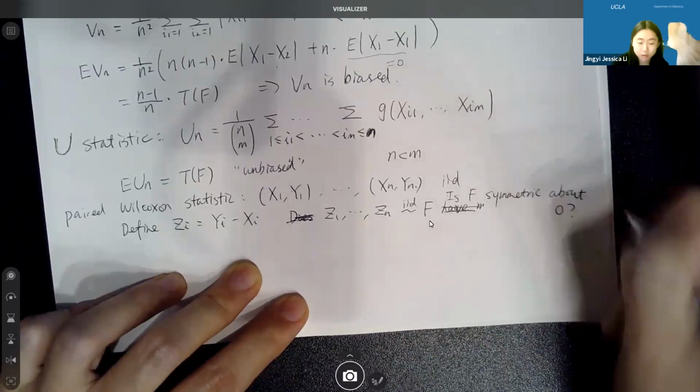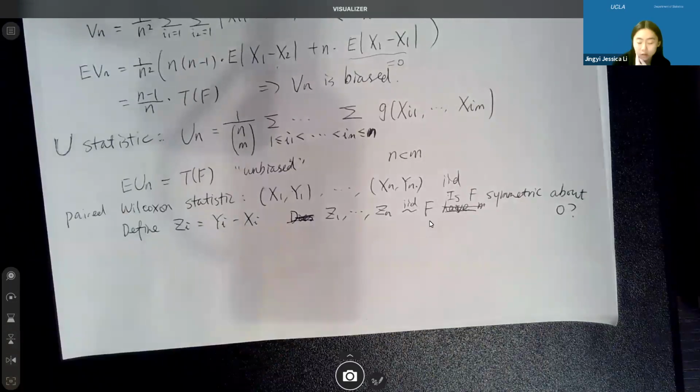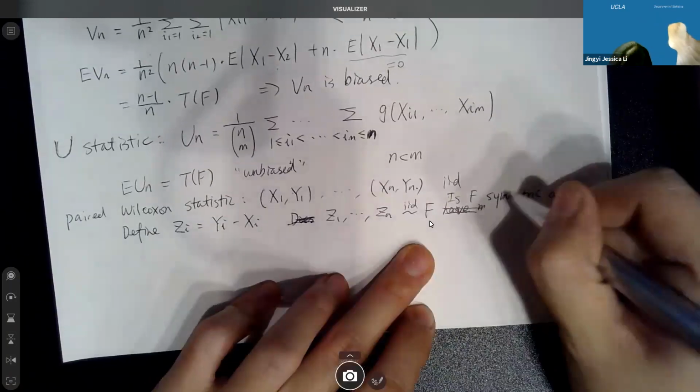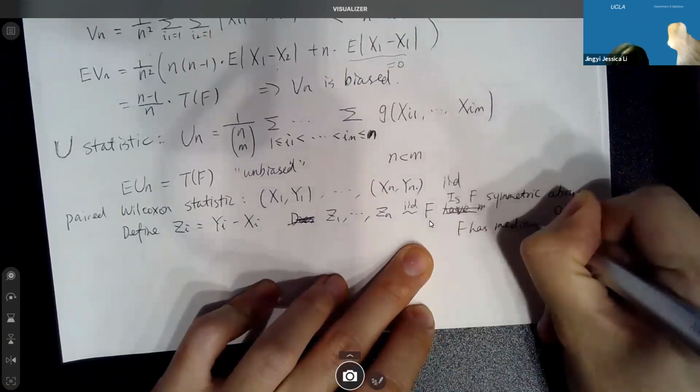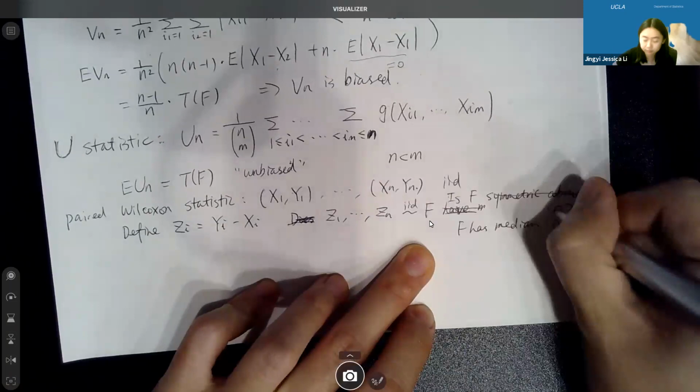Or maybe it's better to say: does this F have median 0?